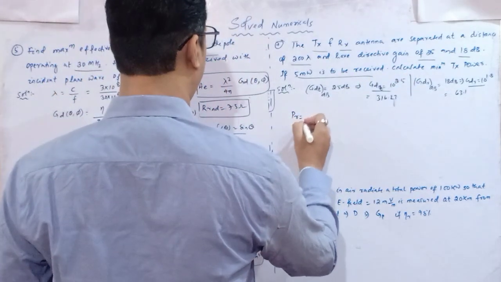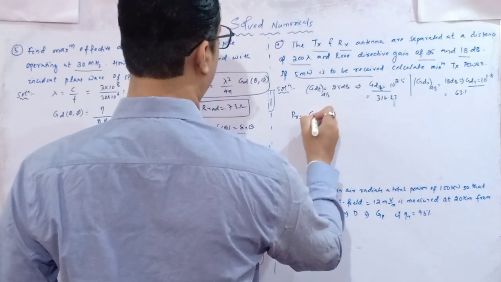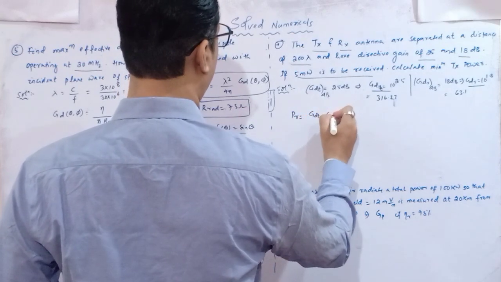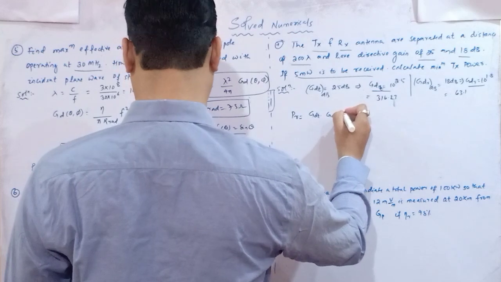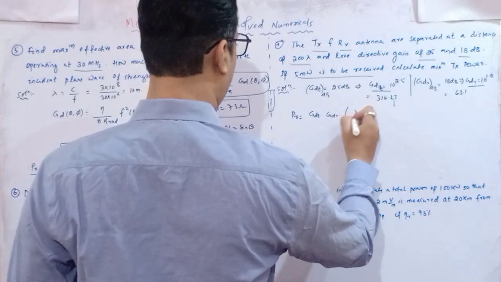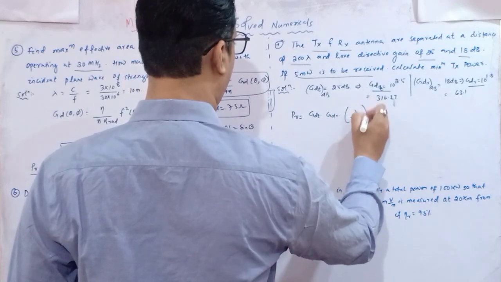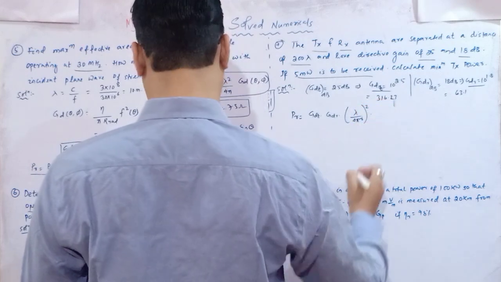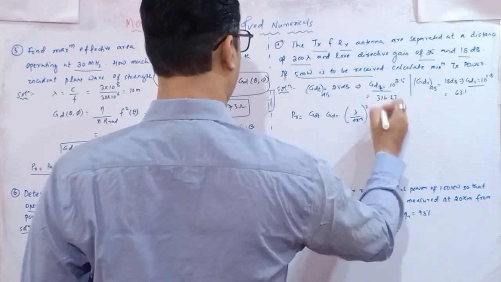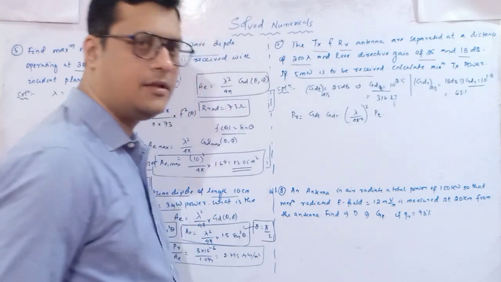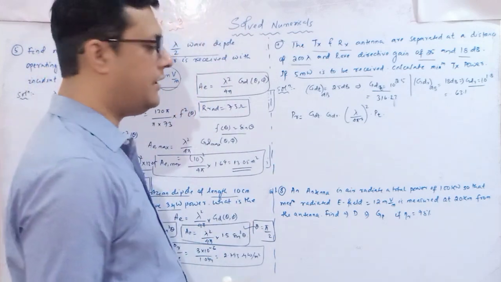So in the Friis equation, we have power received equals GDT into GDR into lambda divided by 4 pi r, whole square, into power transmitted. Done. So this is the relation of the Friis equation.